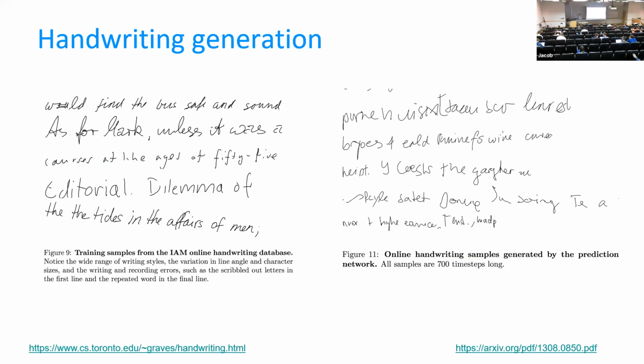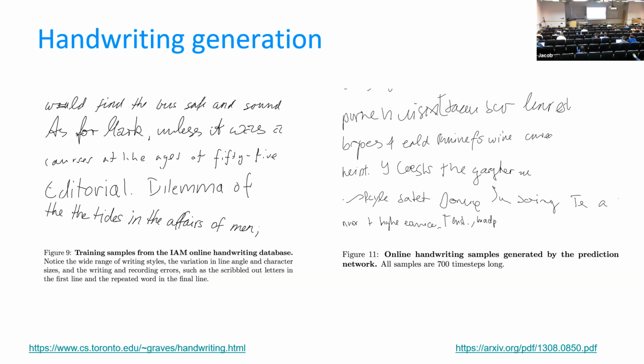Okay, so some applications of RNNs and LSTMs. We've been talking a lot about using these on text. Now, however, we're using them on handwriting. So still text, but not really.